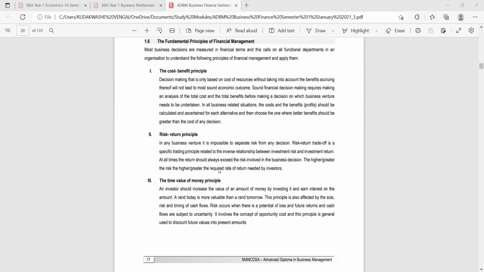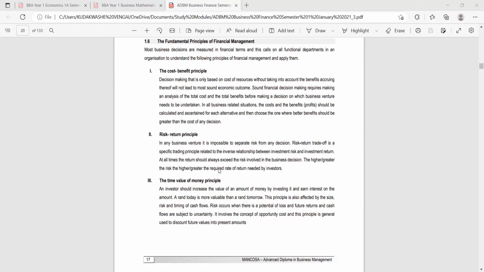That doesn't make sense. You cannot make that decision as a finance manager. So you can only buy clothes where they are cheaper and sell them where you get a higher price. So that's the cost-benefit principle. There should always be a benefit attached to the cost that you are incurring as a particular business.